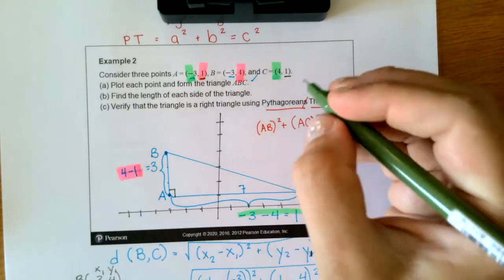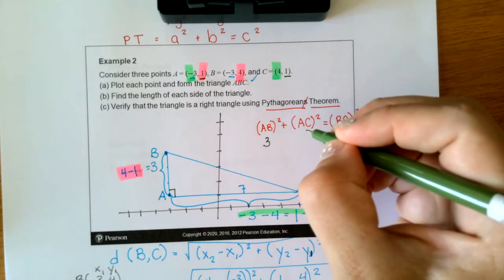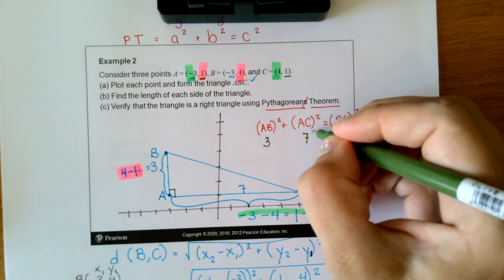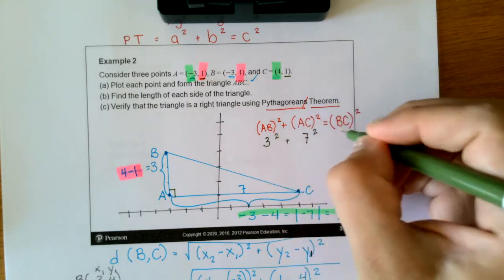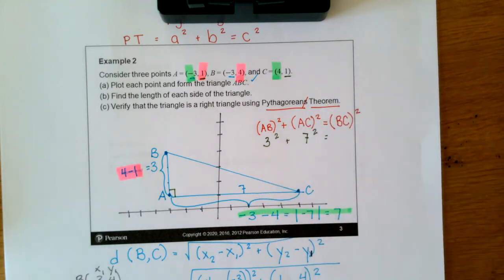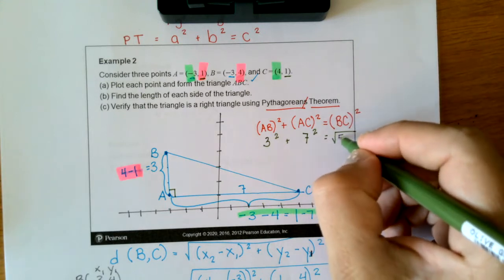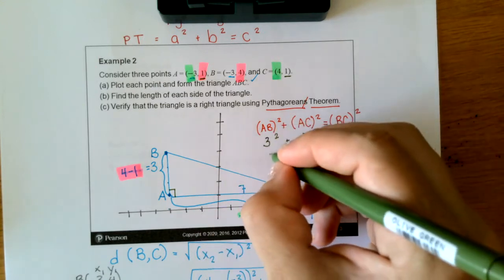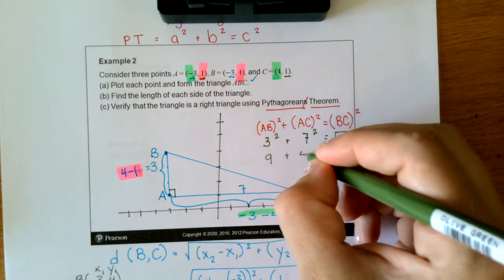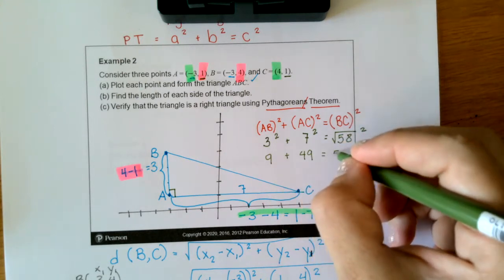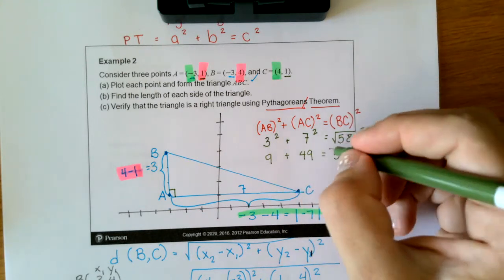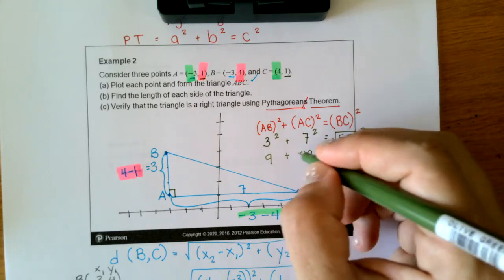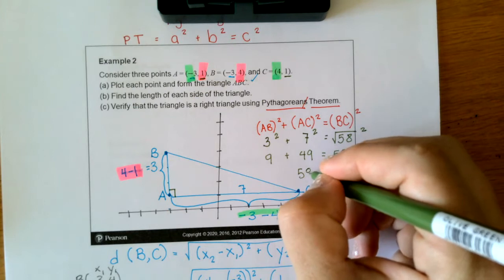The distance AB is 3, so we have 3 squared. AC is 7 squared. And we found that BC is the square root of 58, squared. So that becomes 9 plus 49 equals 58 because the square and the square root cancel each other out. 49 plus 9 is 58.